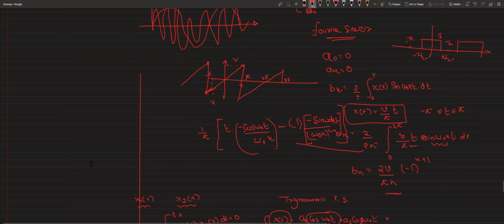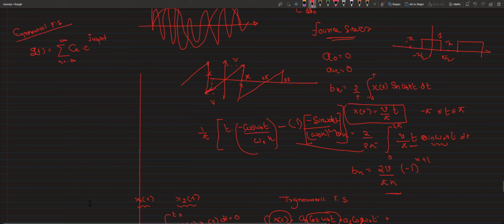So this is the trigonometric Fourier series, I said, right? In the same way, we have something called an exponential Fourier series. In the exponential Fourier series, we will have g of t, instead of cos and sine, representing the signal in terms of exponents: sum from n equals minus infinity to plus infinity of cn into e power j omega naught n t.